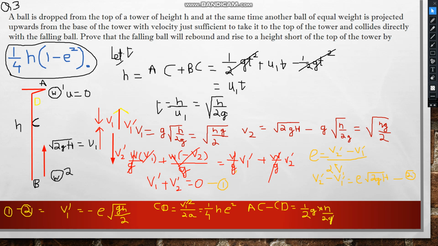So g g cancels here, minus CD we got 1 by 4 h e square. This comes to be equal to h by 4. Taking common, we will have 1 minus e square, which is our statement to prove. Hence proved, we have proved our given statement.